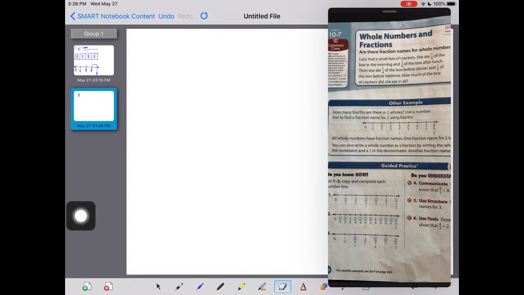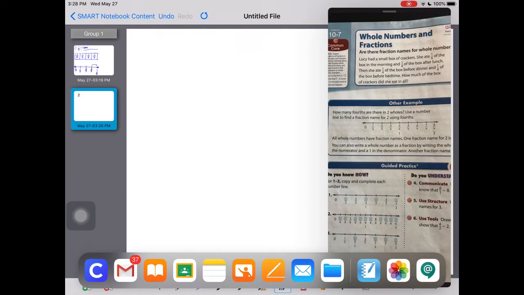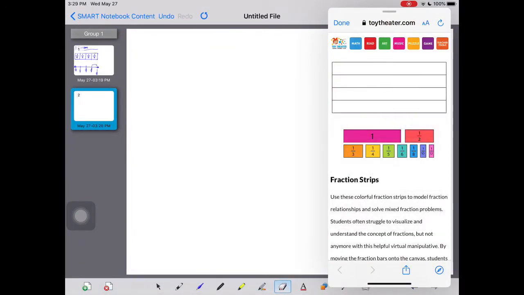So let's take a look at that. I'm going to open up our fraction strip website. Yes, this is it. I'm going to bring up one candy bar, because they're rectangles. There's one candy bar and there are two candy bars.